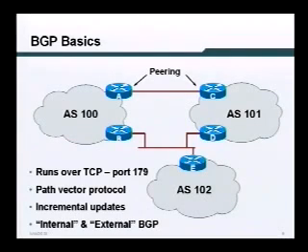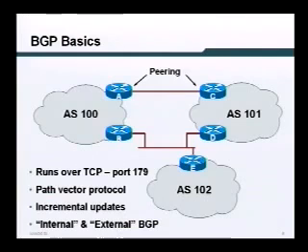So BGP will only tell its neighbors about changes that have happened in the network. And the final point is there are 2 types of BGP. Even though there's only one BGP that we're going to be talking about, there are actually 2 instances where it can be used. The first one is internal BGP.